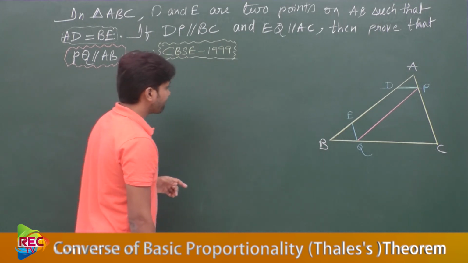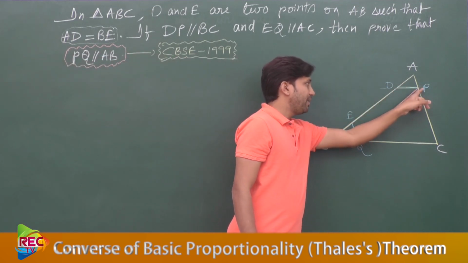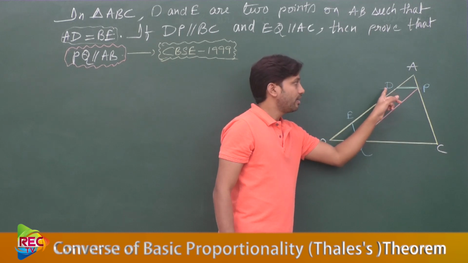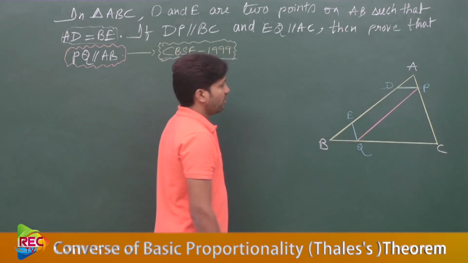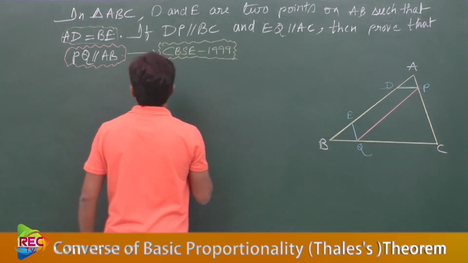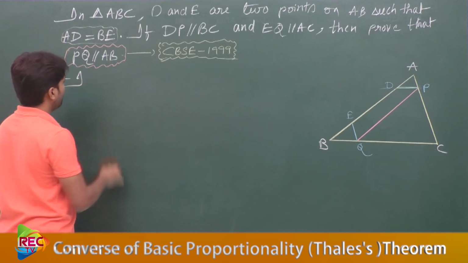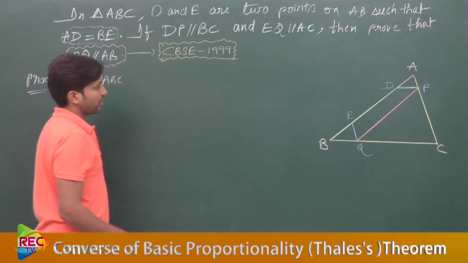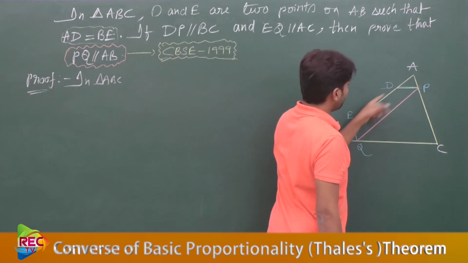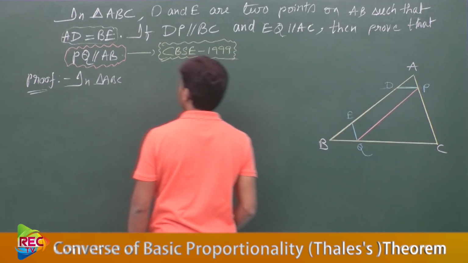First of all, let's consider the line DP over here. What does it represent? Let me write here proof. In triangle ABC, they had given that DP is parallel to BC.